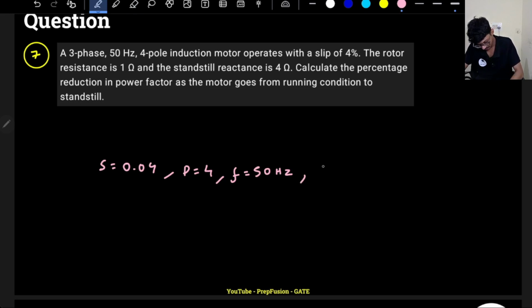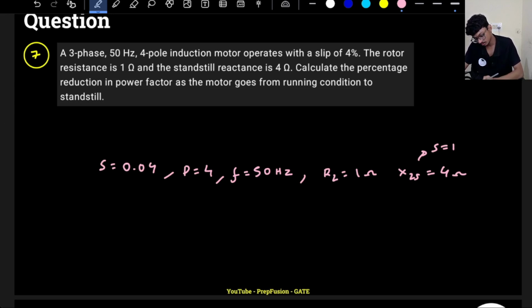The rotor resistance R2 is 1 ohm, and the standstill reactance X2S is 4 ohms when the slip is 1. Calculate the percentage reduction in power factor as the motor goes from running conditions to standstill.